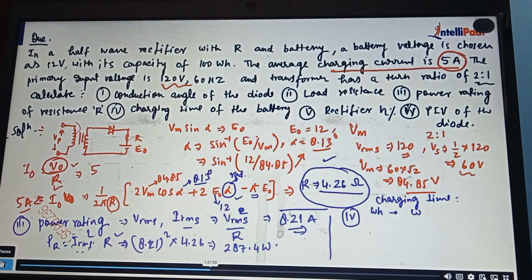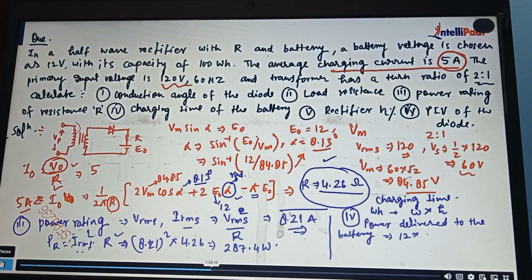Generally, the rating of the battery, as I told you in previous cases as well, that is watt into hour. So what is the power delivered to the battery? Can you calculate power delivered to the battery?